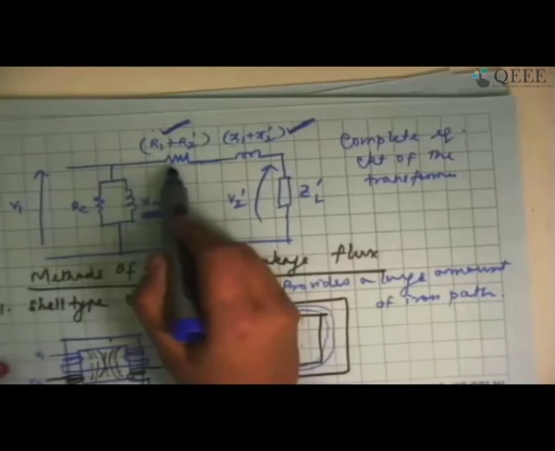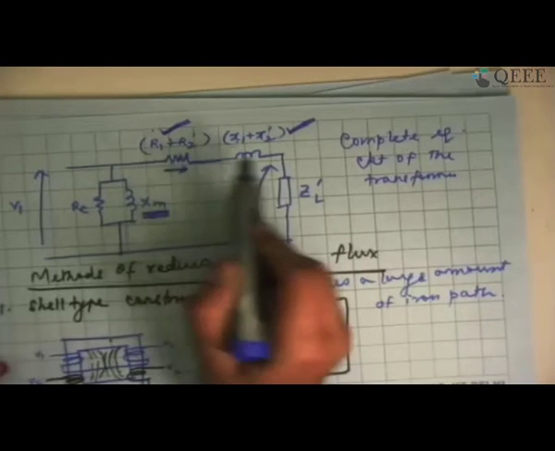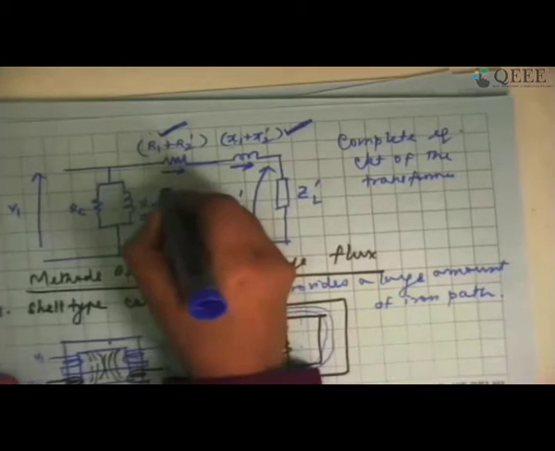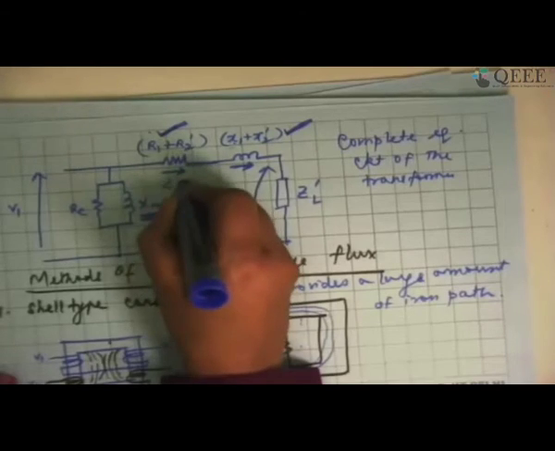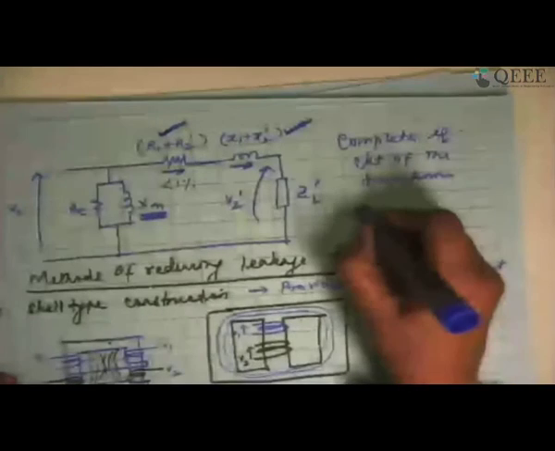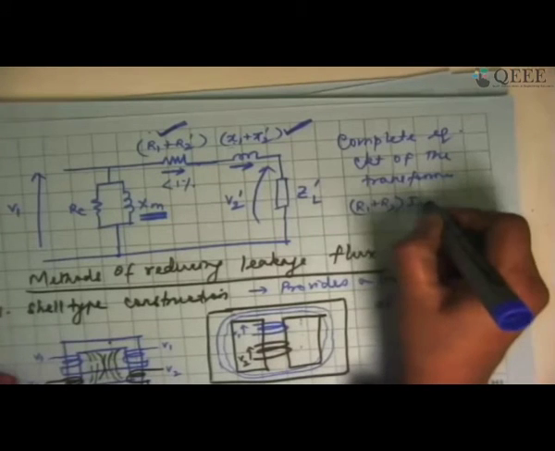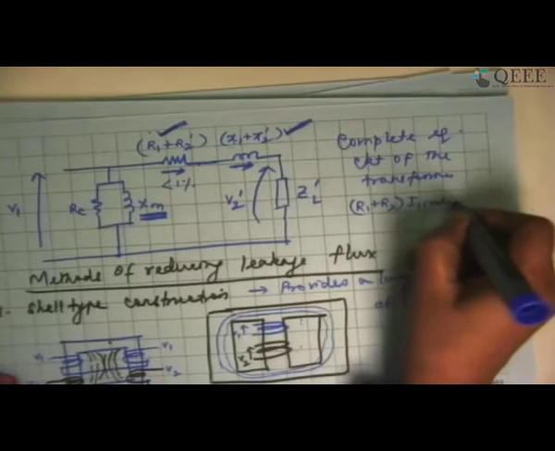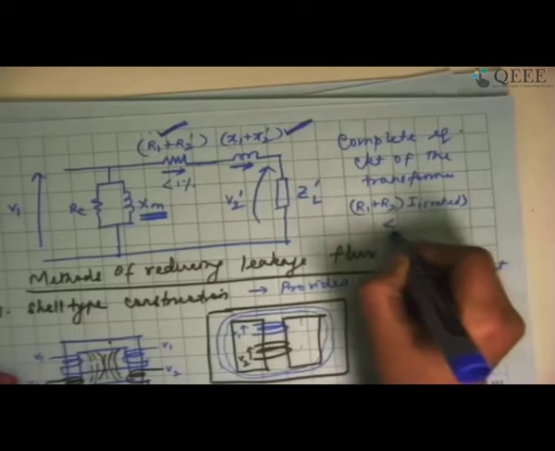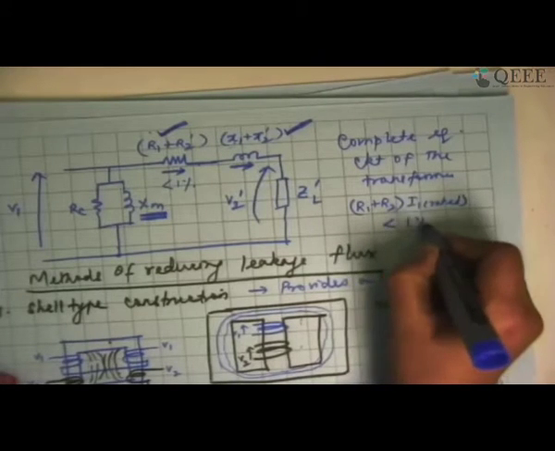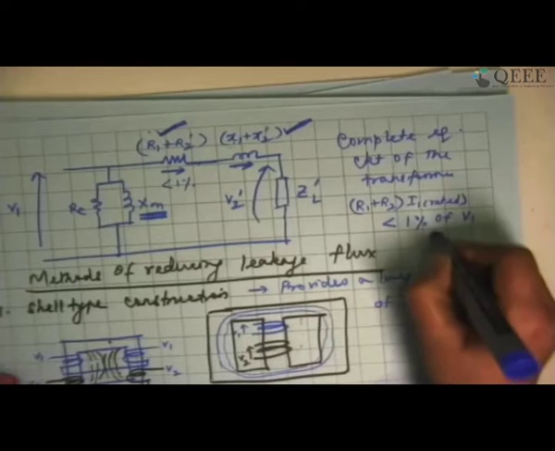Because we assume that R1 plus R2 as well as X1 plus X2 are small. For example, R1 plus R2 will be less than 1%. What I mean by less than 1% is R1 plus R2 multiplied by I1 rated will be less than 1% of V1 rated.